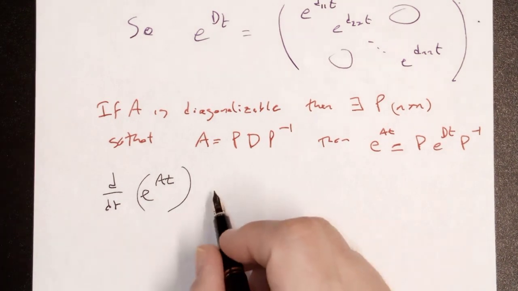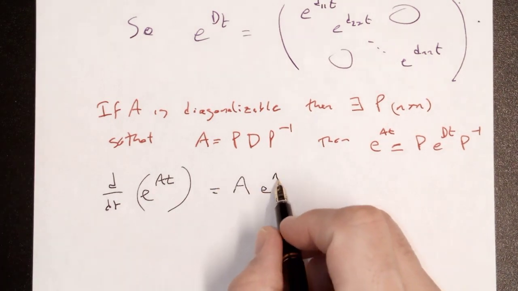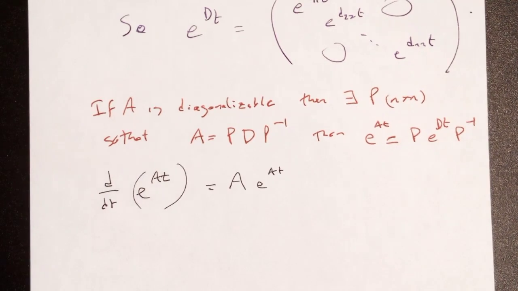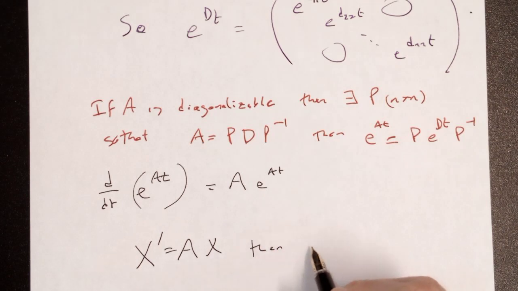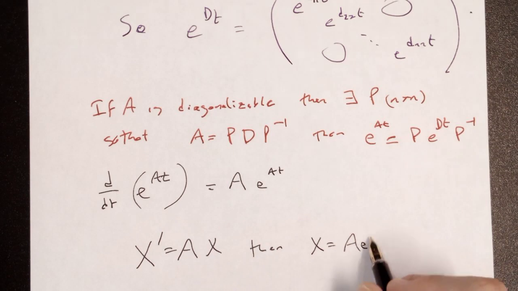I get a e to the at. Which means if I have a differential equation, x prime equals ax, then the solution works.